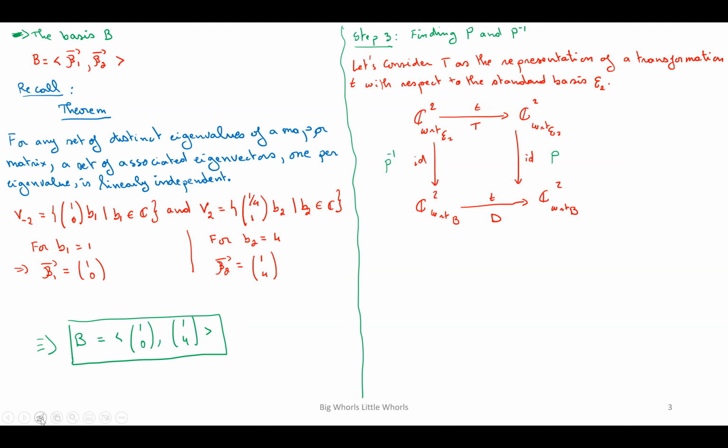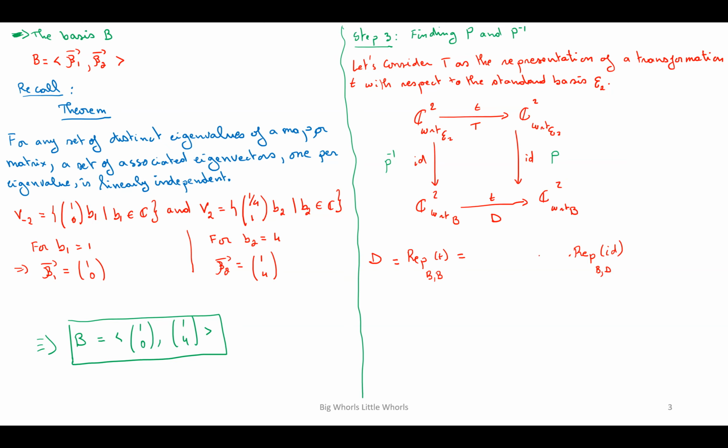So to get our diagonal matrix D, what do we have to do? Our D, which is the representation of our transformation T in the new basis, is equal to, from right to left, we are going to go up, which is the representation of the identity map with respect to B and E2. To be able to get D, we need to go up, across, and down.